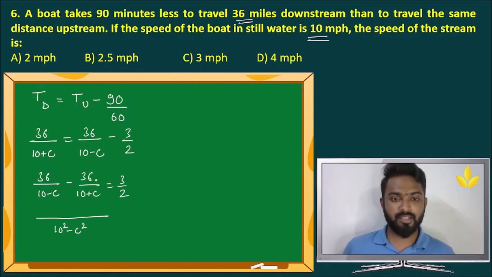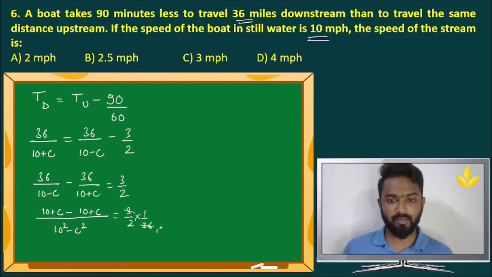Now we take 36 common and bring it down to the denominator on the RHS. So this will be 10 plus C minus 10 plus C. Plus C because minus of minus is plus. This is equal to 3 by 2 into 1 by 36. This is nothing but 1 by 24. 10 and minus 10 gone.